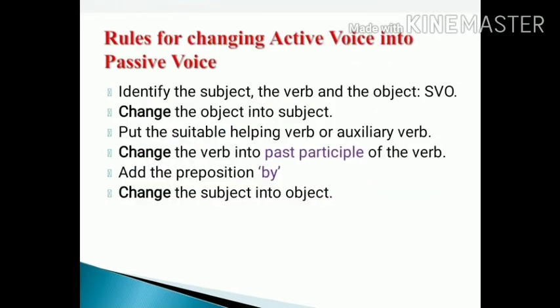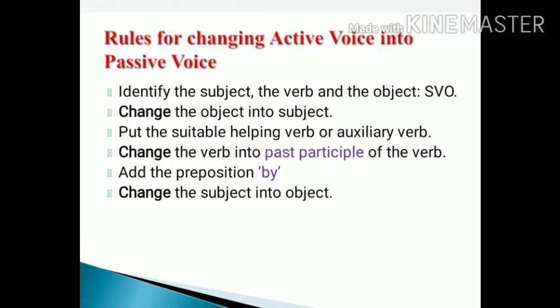After this, you have to follow some rules when you change the active voice into passive voice. First of all, in the sentence, you have to identify the subject, verb, and the object, that is SVO. Next step is change the object into subject.